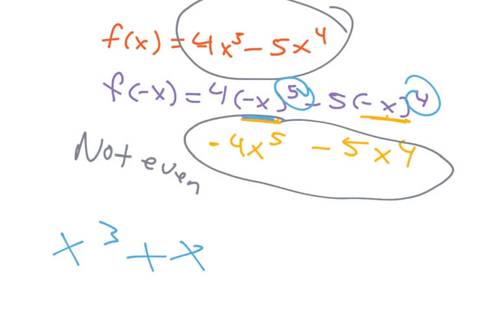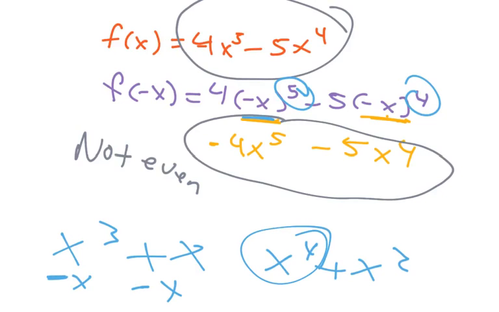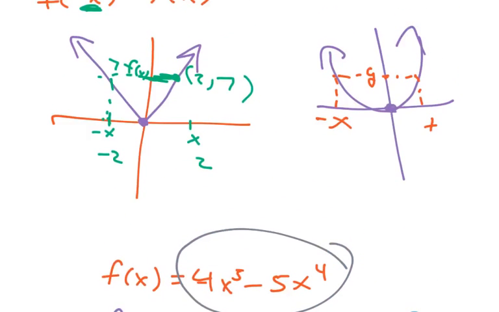If I plug in a negative, this is going to come out as a negative, and this is going to come out as a negative. And that would be the definition of an odd function. If it was something like x to the 4th plus x squared, no matter what I plug in here, it's going to come out as a positive. No matter what I plug in here, it's going to come out as a positive. So that means, by our definition, it's going to be the same thing, no matter what.